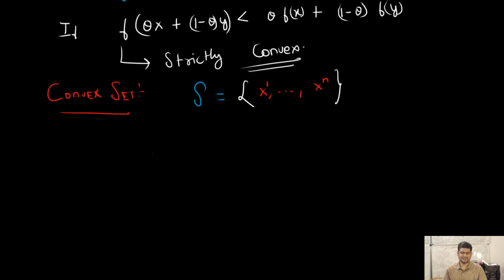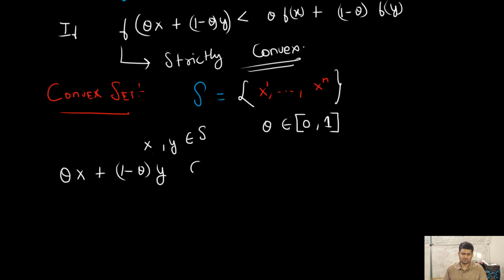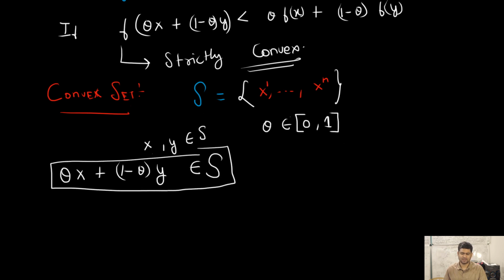If we select any 2 points x, y that belong to the set, then for any theta between 0 and 1, note that this is a closed interval, the set S satisfies the following property: theta times x plus 1 minus theta times y also belongs to the set S. So any set that satisfies this property is a convex set.